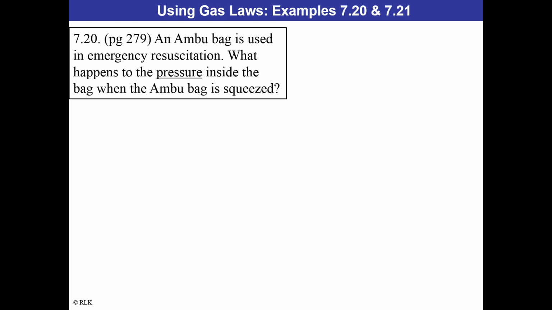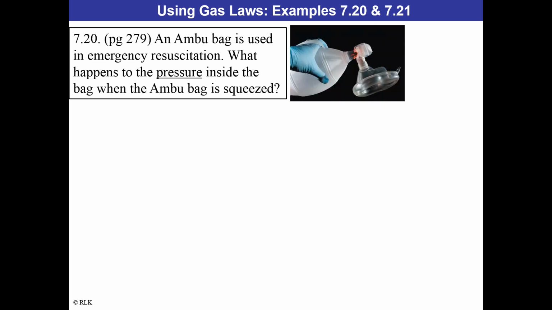What the question is asking is about the bag that is going to be used in an emergency resuscitation. This is also known as an AMBU bag, that's like the trade name for it, but this is really just a positive pressure kind of chamber.